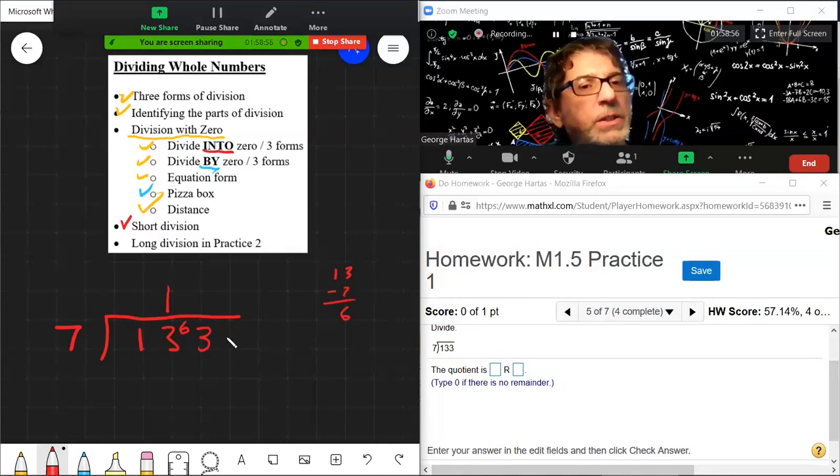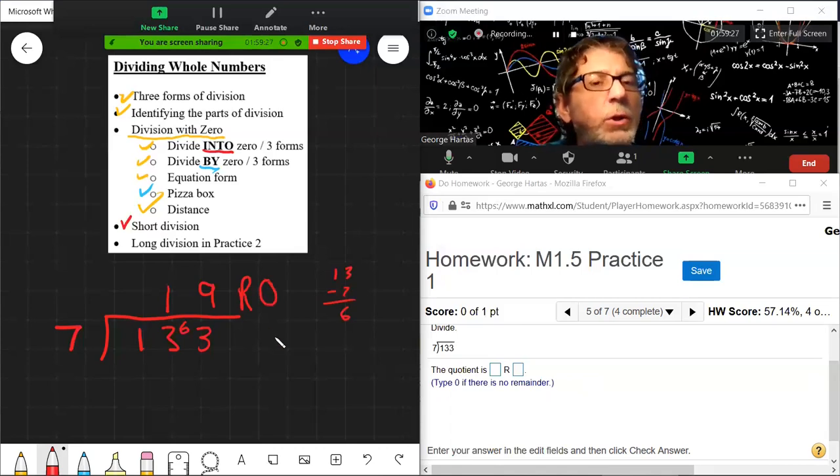7 divides into 63 how many times? Or 7 times what is close, if not exactly, 63? And the answer is 9, with 0 remainder. There's nothing left over because 9 times 7 is 63. So here we would say the remainder, which is represented by R, is 0.